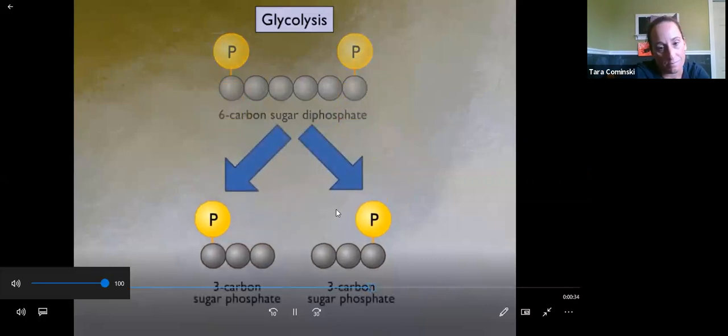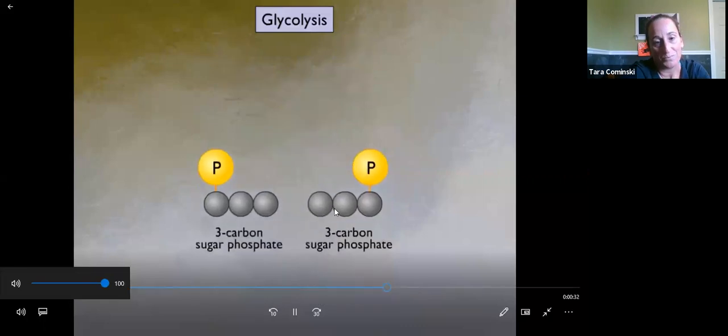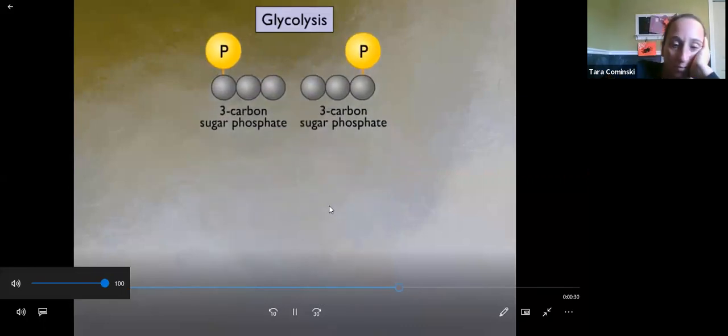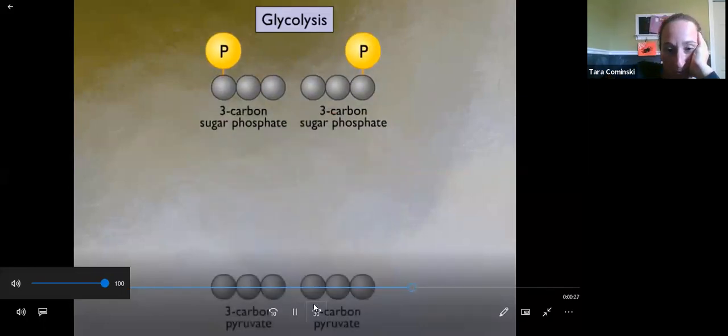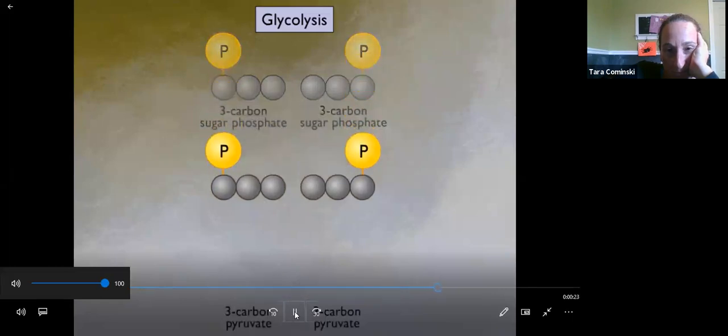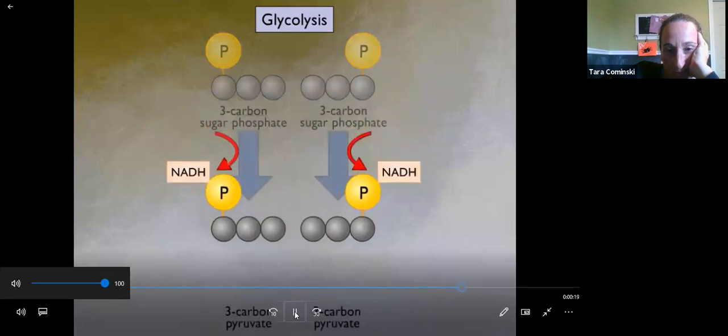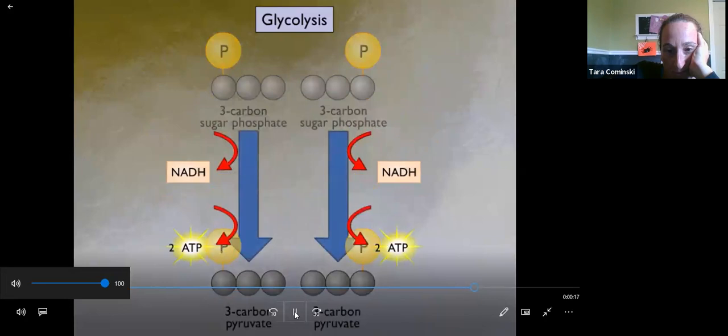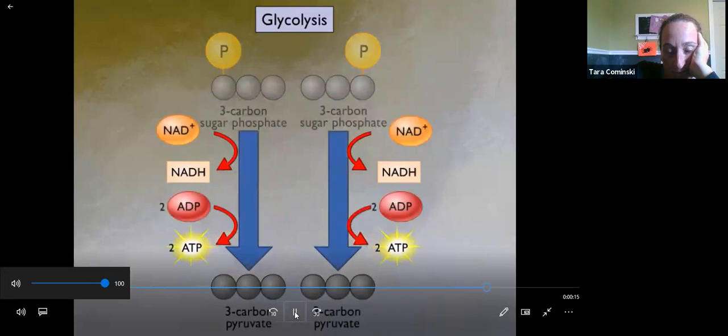During the energy harvesting steps of glycolysis, each 3-carbon molecule is converted through a series of steps to pyruvate. Electrons are transferred to the coenzyme NAD+ to form NADH, and ATP is produced. Under aerobic conditions, the pyruvate is further oxidized to yield more ATP, and under anaerobic conditions, the pyruvate is converted into lactic acid.